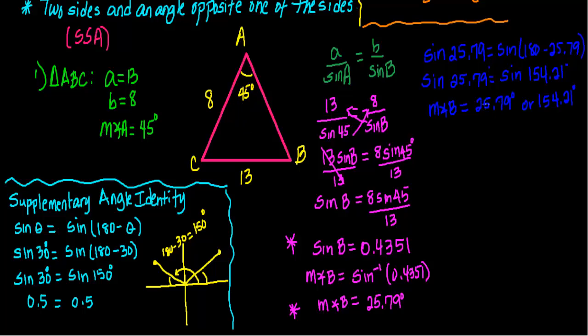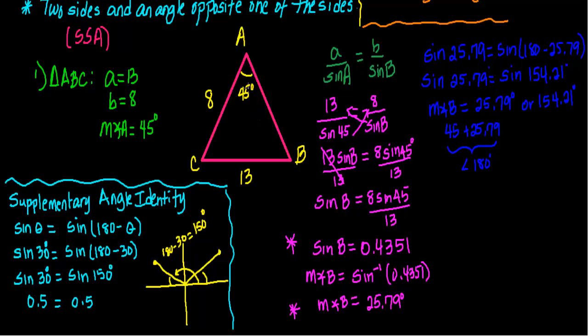You take the one you calculated and you add it to 45. Okay, so let's do that. You're going to say, well, 45, which is the given angle, plus 25.79, this value has to be less than 180 degrees. Does that make sense?